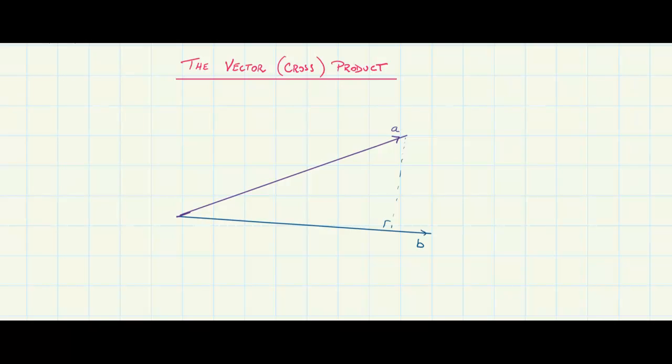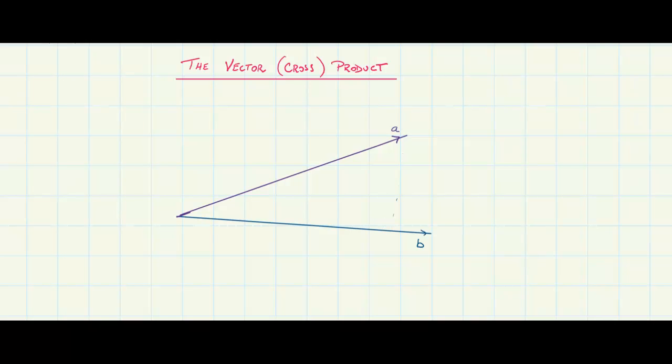Now, that's all well and good, and that's actually the dot product. Importantly, it works for any dimension. So you can get the dot product in 2, 3, 4 dimensions. The cross product is only relevant for 3 dimensions, only relevant for 3D.